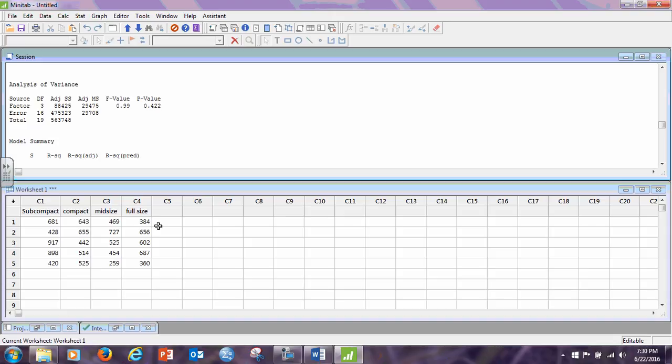So it would be mu1 equals mu2 equals mu3 equals mu4, or just use the words all means are the same. And the alternative hypothesis, no matter how many samples we have, is always going to be at least one of the means is different.